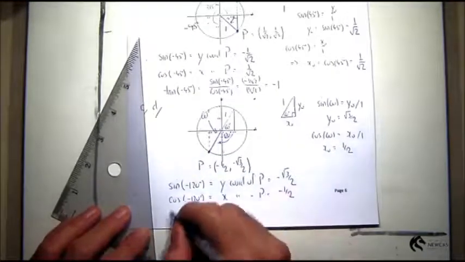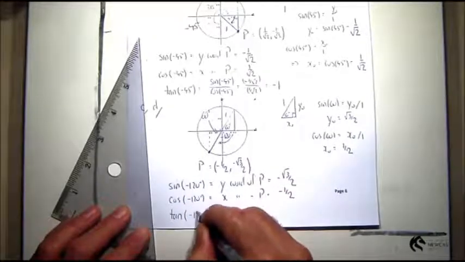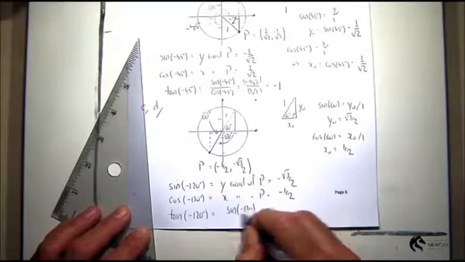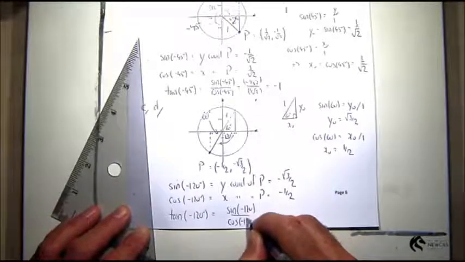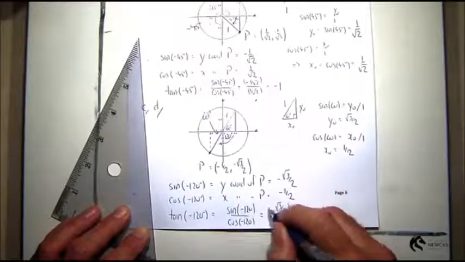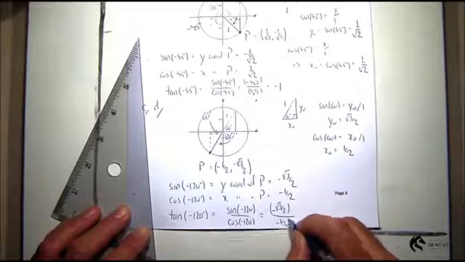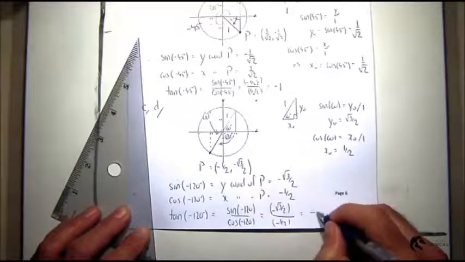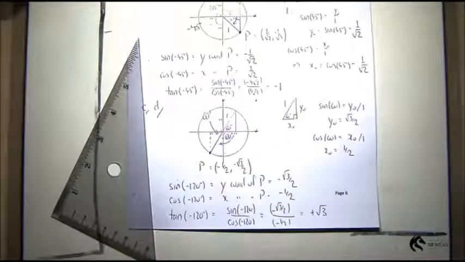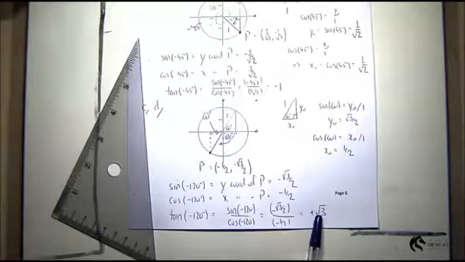And the tan of minus 120 degrees is the sine divided by the cos, which will be minus the square root of 3 on 2 divided by minus a half, and that will come out to be plus the square root of 3. And in that case, I have my exact value, square root of 3. Your calculator would only give an approximation to that, I presume, 1.7 thereabouts.